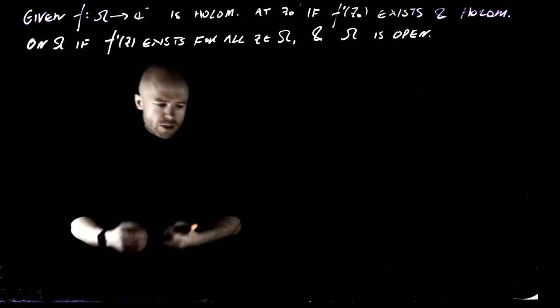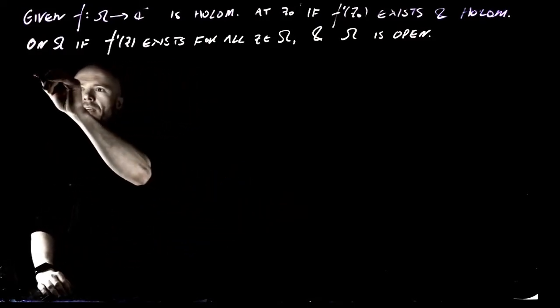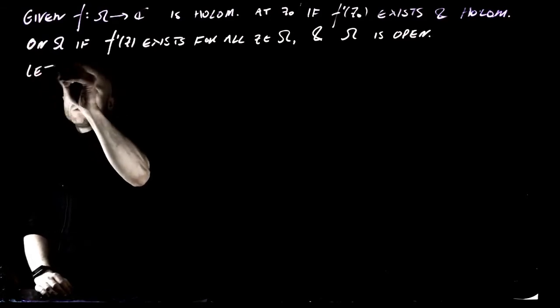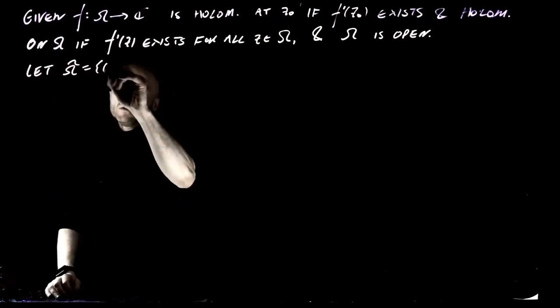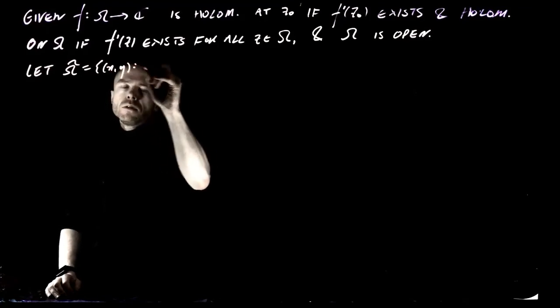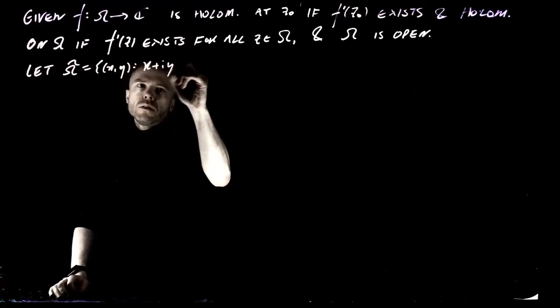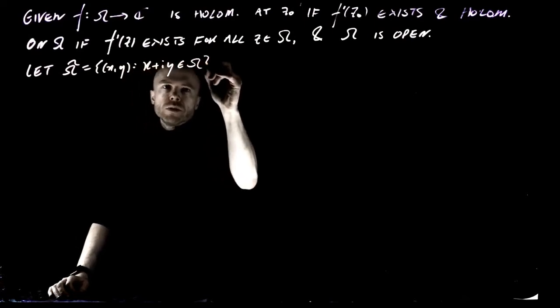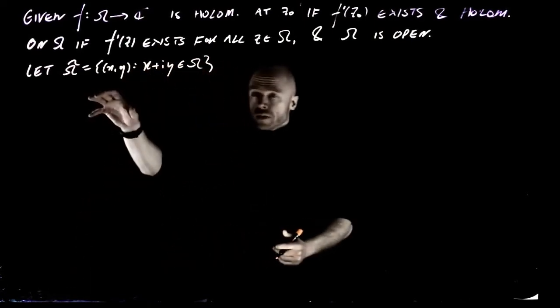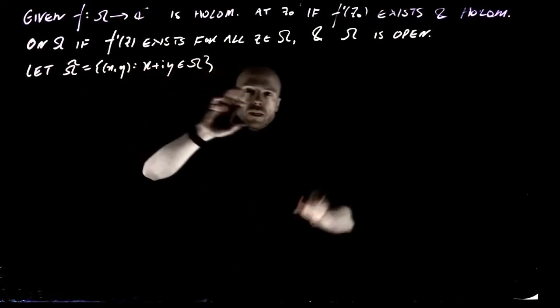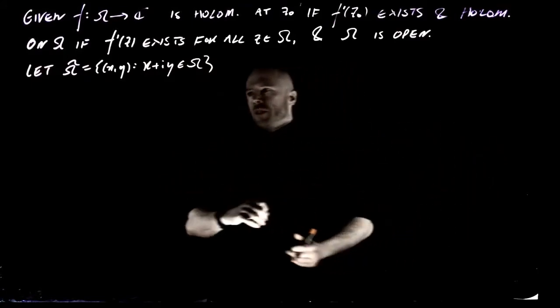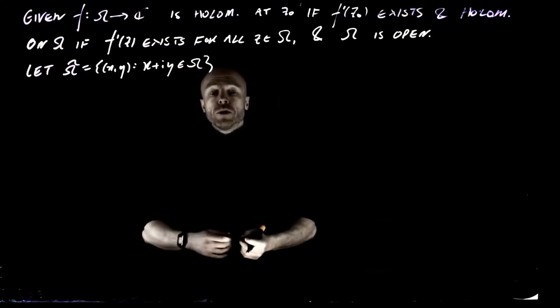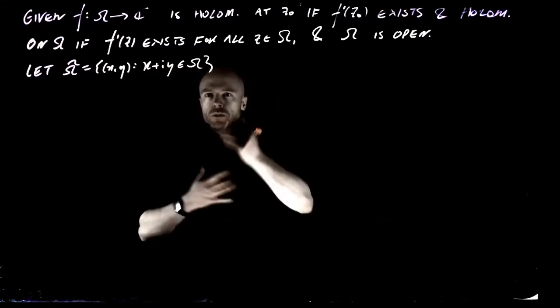So to illustrate the meaning of that, let's do the following thing. Let omega tilde be the set of points in the plane which we get from our set omega. So if we draw omega tilde, it looks exactly like omega, except we're drawing it in the plane instead of in the complex plane, which might seem like an unimportant distinction, but it's actually quite important, as we'll see in a second.